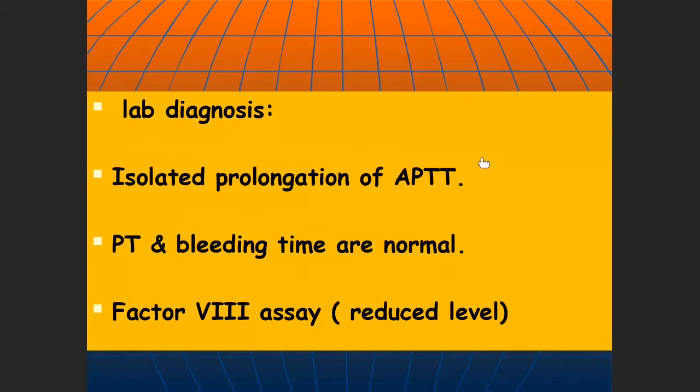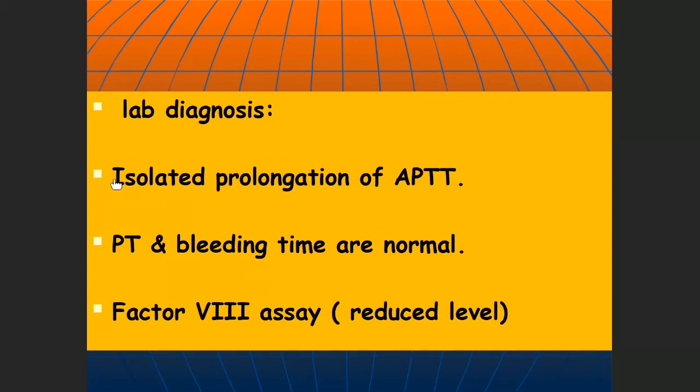Laboratory diagnosis. Hemophilia A is deficiency of factor VIII, and factor VIII is a factor in the intrinsic pathway of coagulation. So, we expect an isolated prolongation of activated partial thromboplastin time. This is the only abnormality, prolonged APTT. The PT, prothrombin time, and the bleeding time are normal.